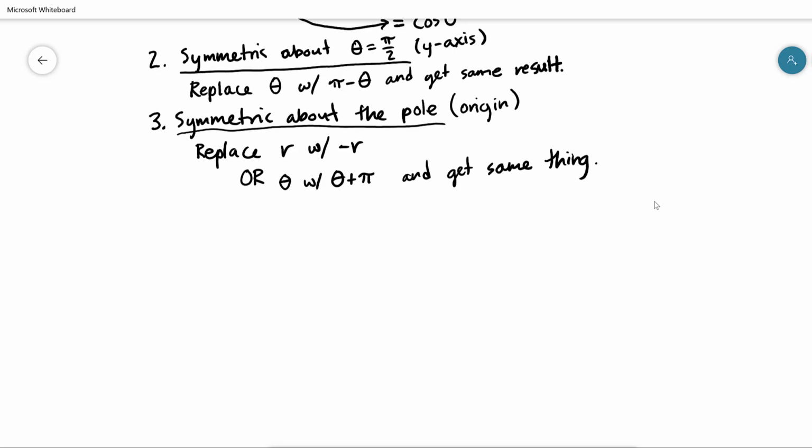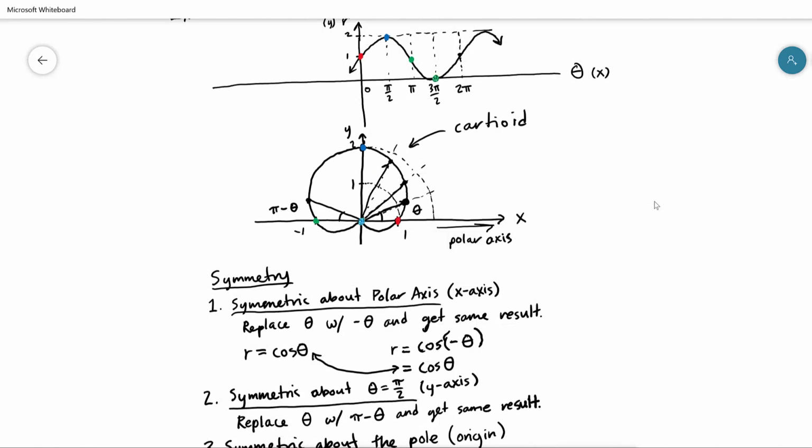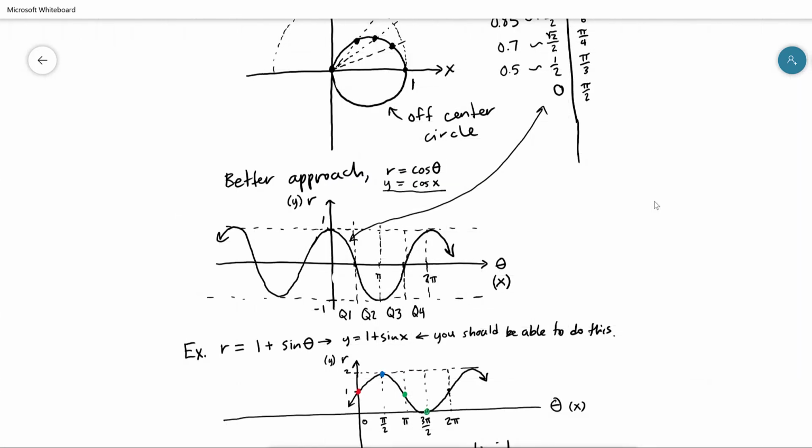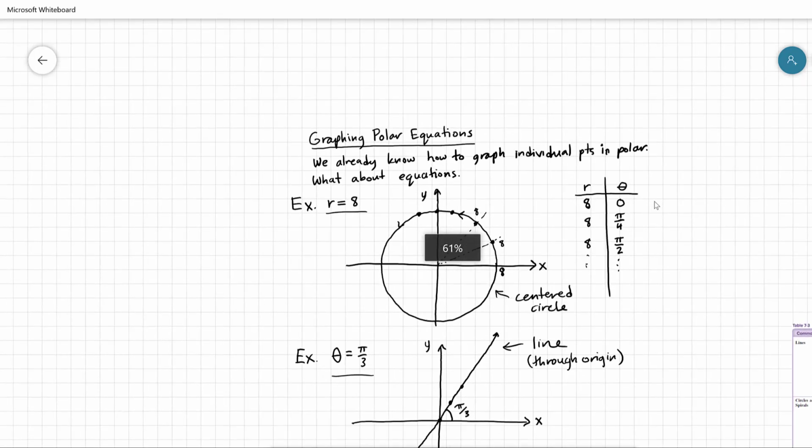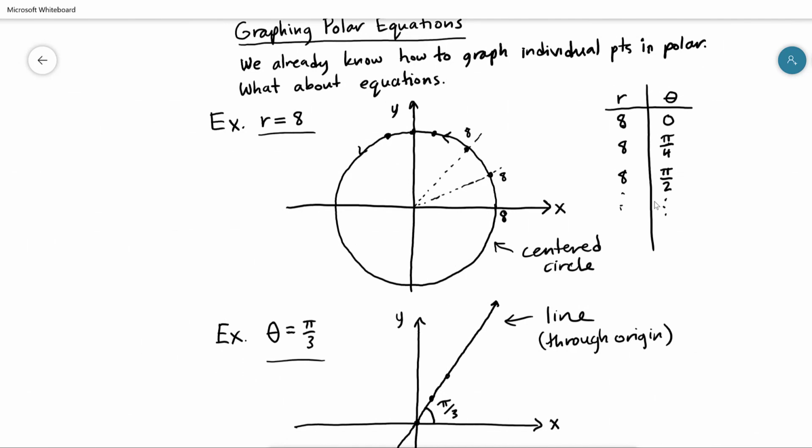So what this one's saying is, again, if I go back to our actual first example, way at the beginning, the circle. Here we go. For a given theta, here's a given theta, here's r. If I replace it with negative r, am I still on the graph? So basically, if I replace it with -8 going this direction, well, -8 means I would go this direction, and I'd be at that point, which is also on the graph.